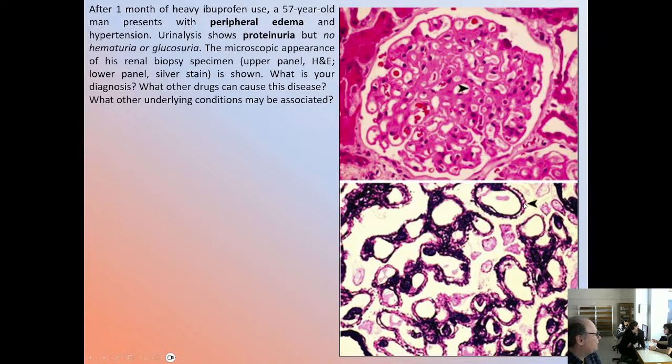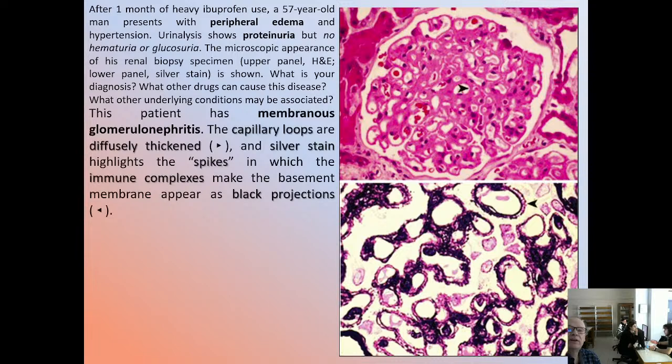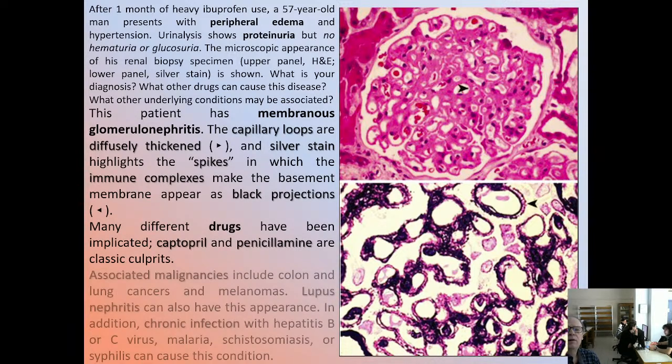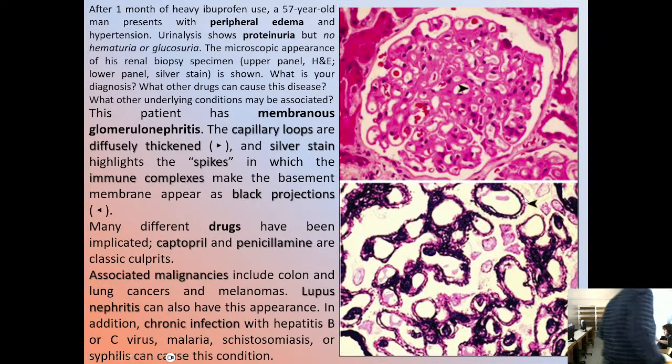These are parts of the basement membrane which stains black in silver stain, which are compressed by the immune complexes. Black projections. You see? This is consistent with membranous.